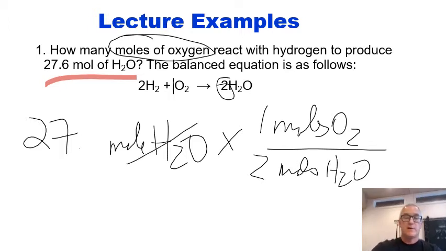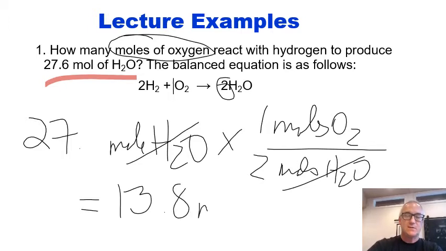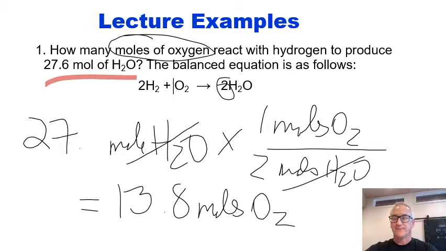We get rid of our moles of water, and then it's just 27.6 times 1 divided by 2, and that gives us 13.8 moles of oxygen. Okay?